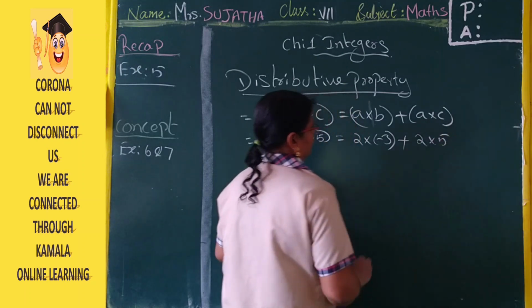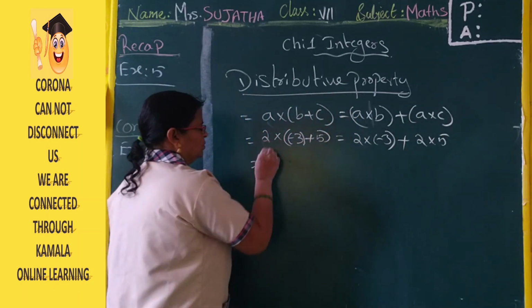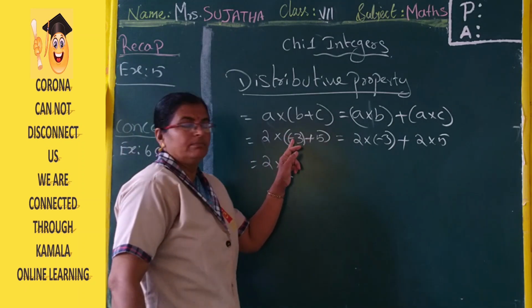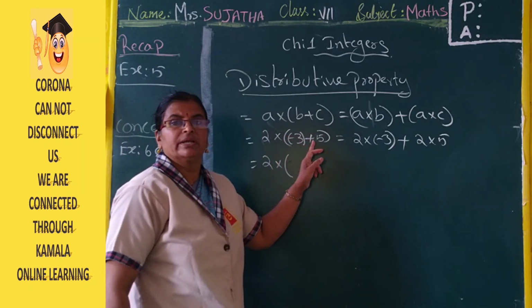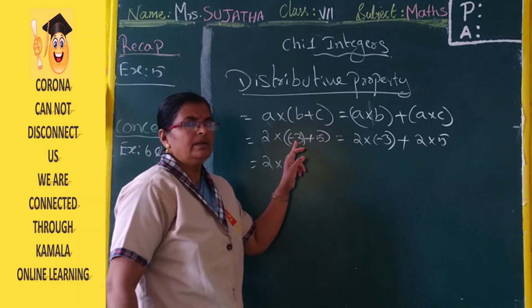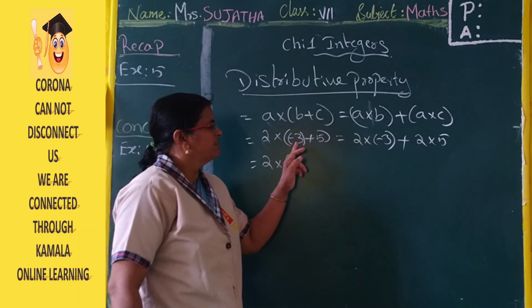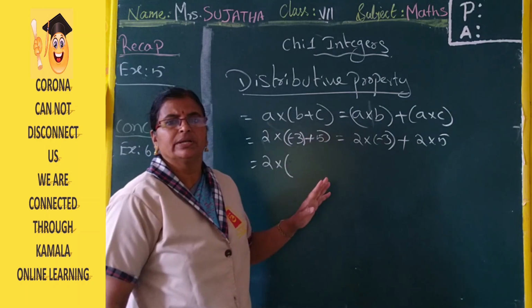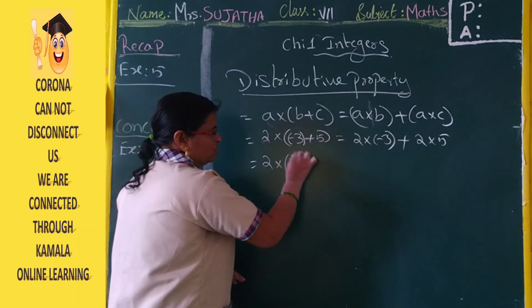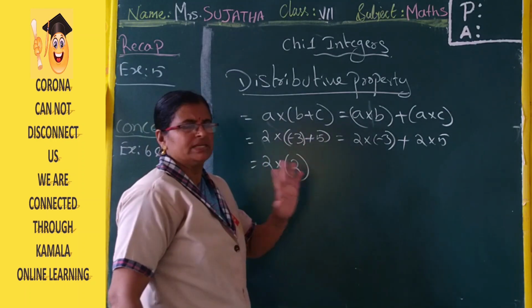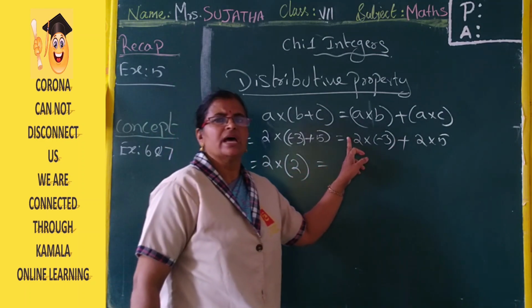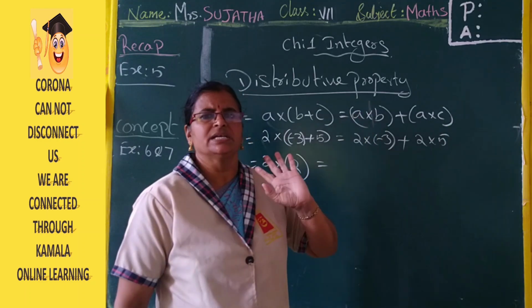Now, 2 into (minus 3 plus 5). What will you get? Minus 3 plus 5 means this minus 3 should be subtracted from plus 5, so you get plus 2. No need to put the plus symbol; if there is no sign before a number, it always has a plus sign.